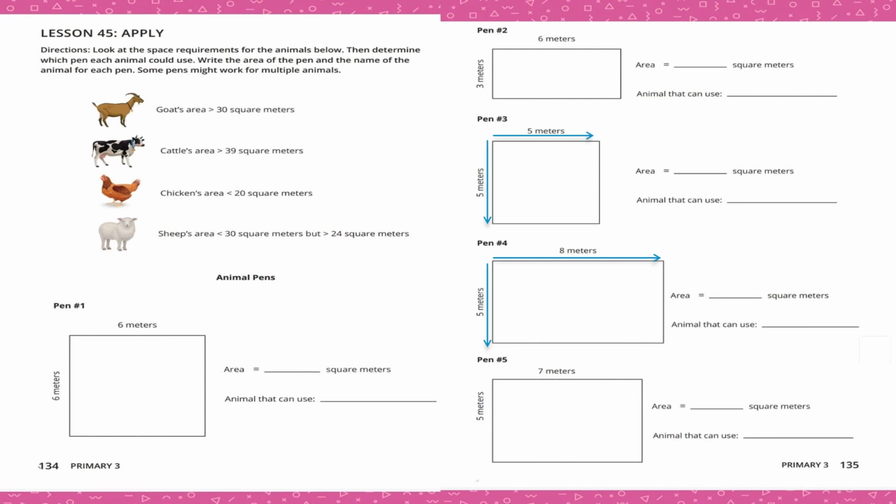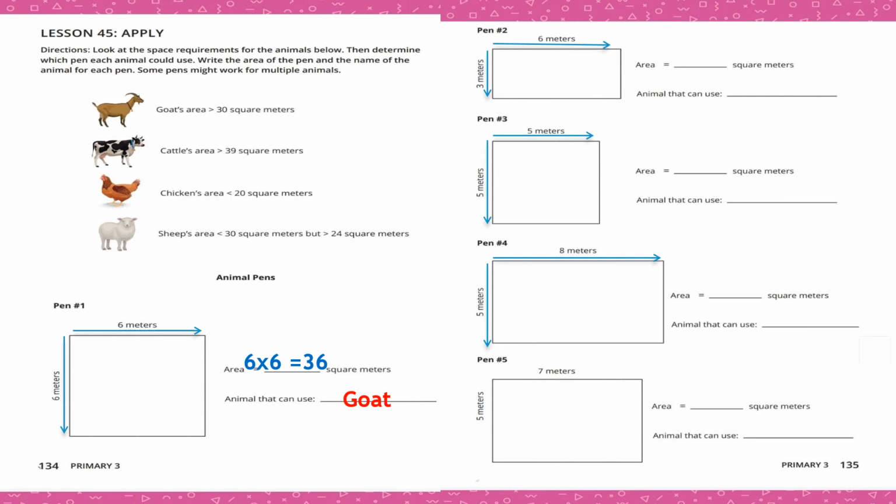So the area is 6 times 6 equals 36. 36 is suitable for which animal? Yeah, for goat, because goat wants a pen that is greater than 30. So 36 is greater than 30, so we will put goat.